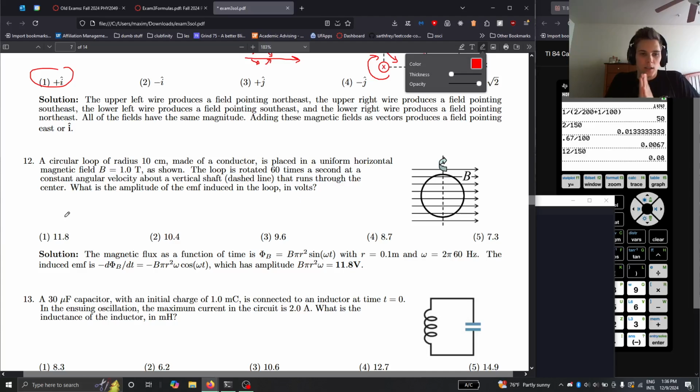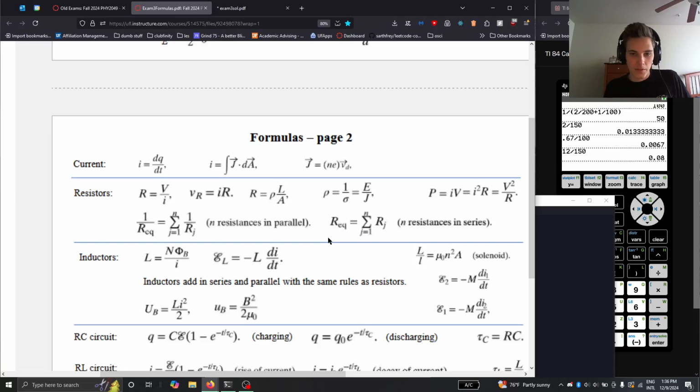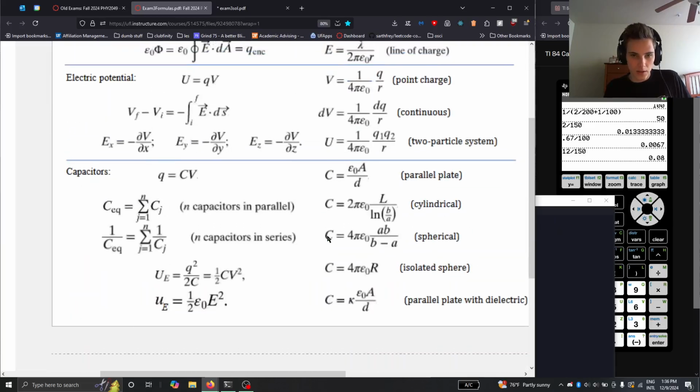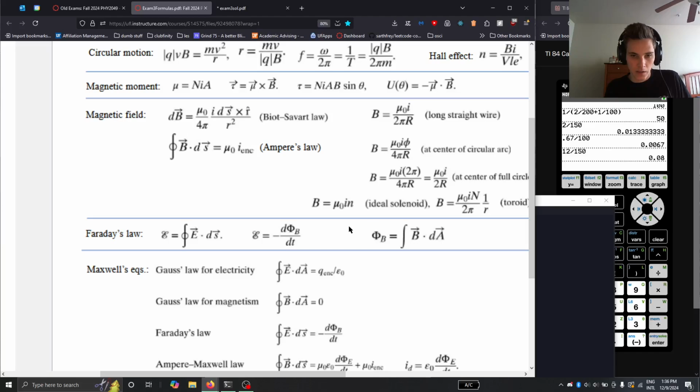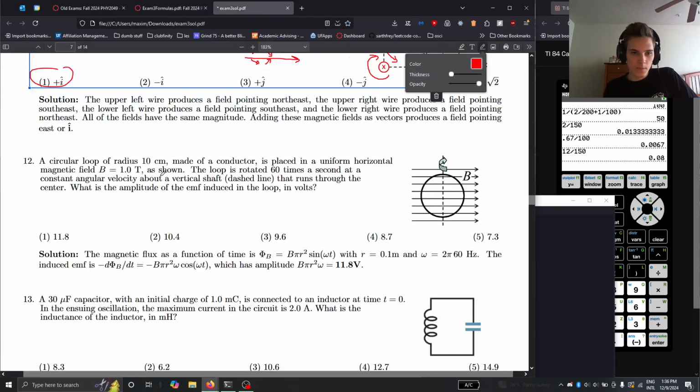Okay, a circular loop, uniform magnetic field, it's rotated. What's the amplitude of the EMF induced? So EMF induced is clearly a magnetic flux problem right here. During a magnetic flux problem, this is how I like to solve them. They have these formulas here, but I don't really use them like that.